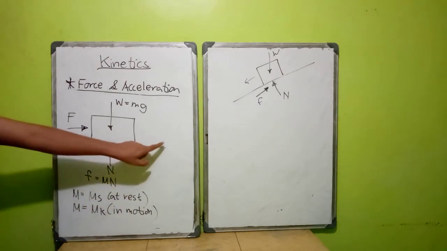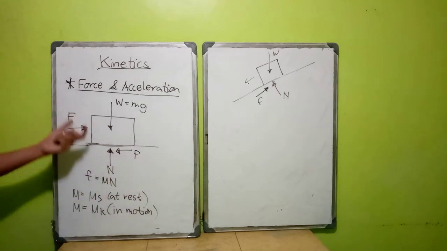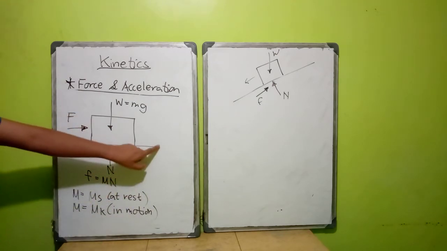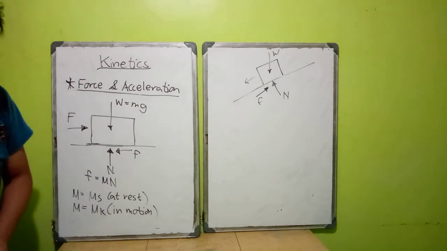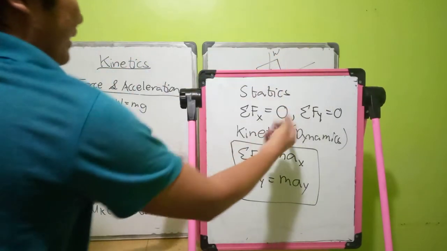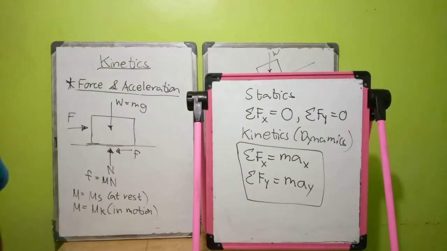So therefore, in this drawing, how do we apply whether we use summation of forces equal to 0 or summation of forces equal to mass times acceleration?